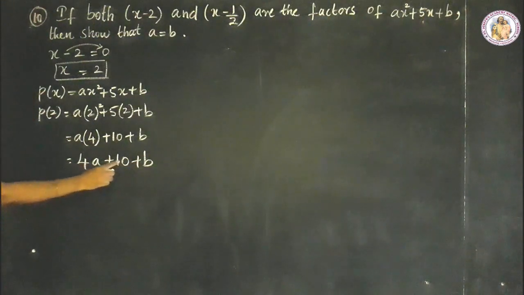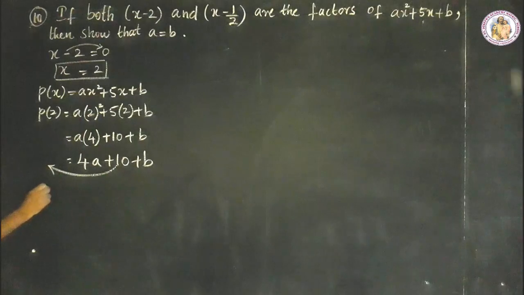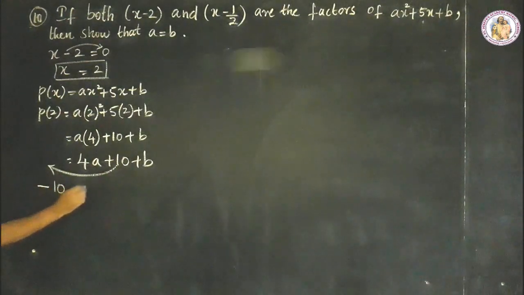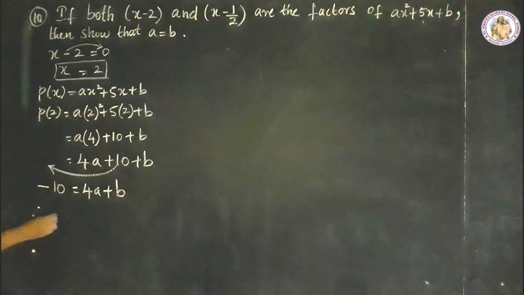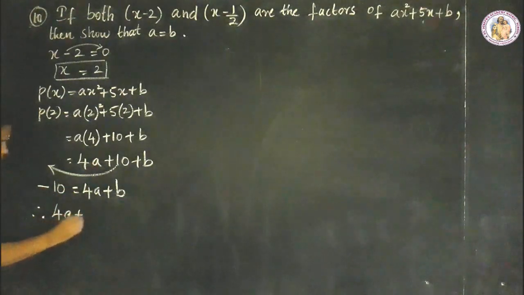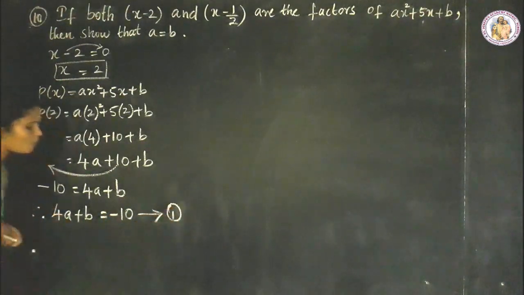Now take plus 10 to the left side; it will become minus 10. Minus 10 is equal to 4a plus b. Therefore, we can rewrite the equation as 4a plus b is equal to minus 10, taking this as equation number 1.